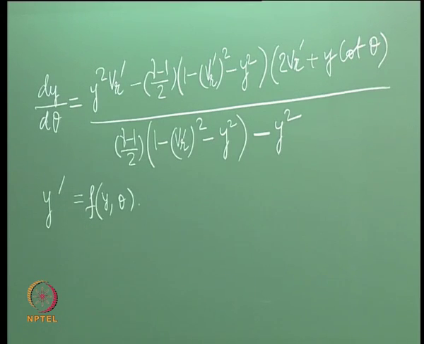Now what we are going to do here is solve for Vr dash. So what is the Runge-Kutta method?